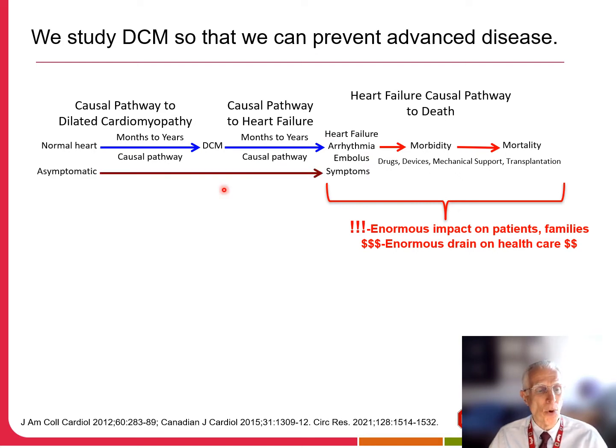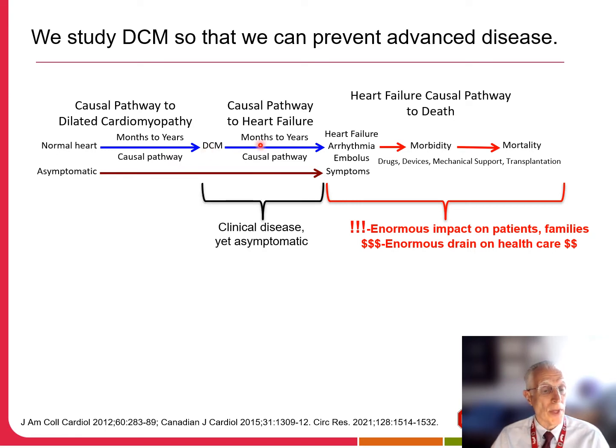The key point is that there are no symptoms. Dilated cardiomyopathy and its evolution is asymptomatic until it finally presents with late phase disease. Most of the time it's heart failure, maybe 15% of the time it's arrhythmia. But again, the key point is that patients can have dilated cardiomyopathy.